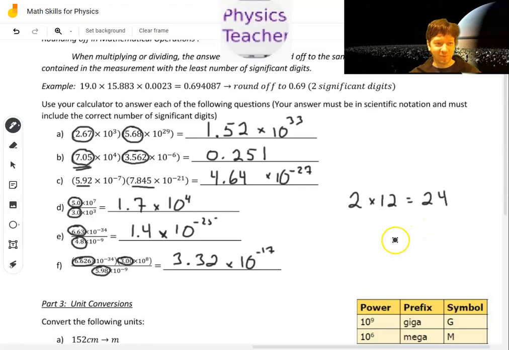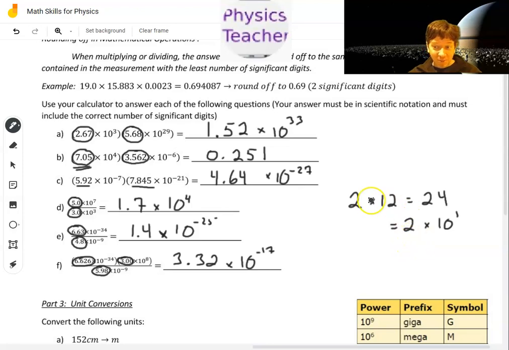It's like, no. It's not 2. That is not how you would write it. But it is true. You can only write it with 1 significant digit. And how you would do that then is like this. 2 times 10. You would write it in scientific notation. So yes, you are rounding to 20, but you're certainly not rounding to 2.